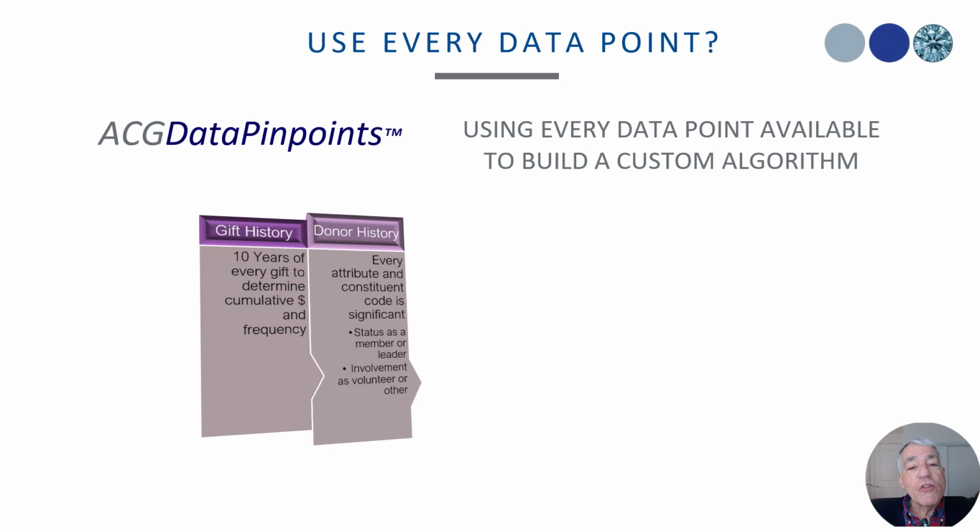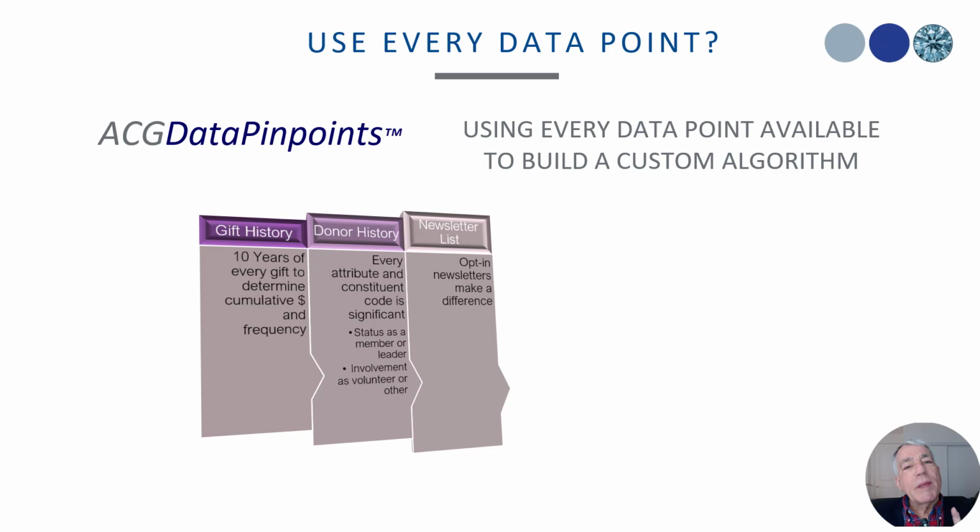Whatever data points you have, we'll look at things like a newsletter list. It's not a big factor, but if people opt in to a newsletter from you, they want to hear about you. We can measure that. We have measured that. We know what its value is, and we can translate that into building an algorithm which will rate every individual based on their varied history and relationship with you.